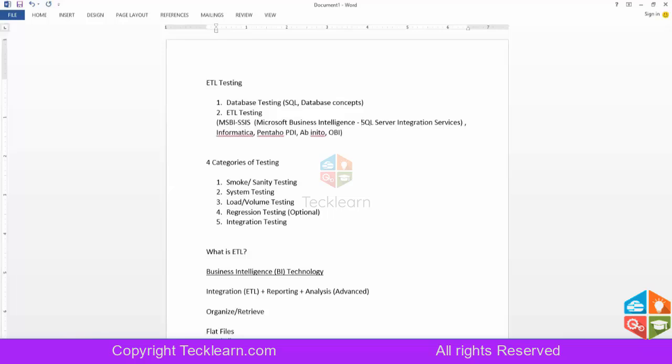Without tool understanding, the second phase, ETL testing, is not easy. It is possible. It is not a mandate that you have to know a tool to carry out ETL testing, because it is the developer's duty. So I will tell you the success of an ETL tester.